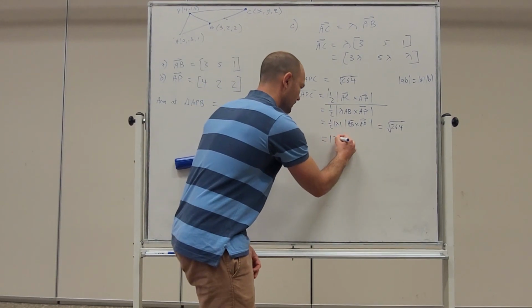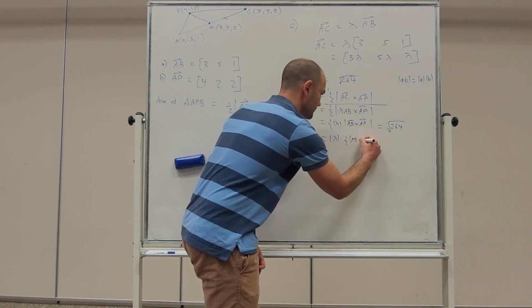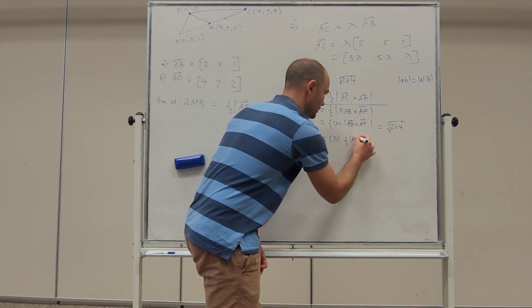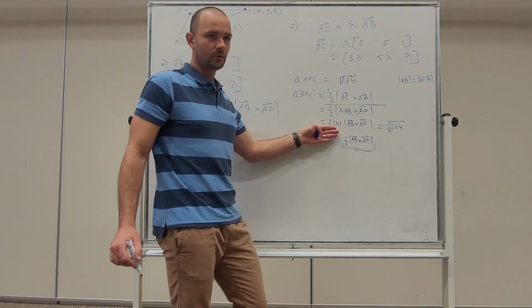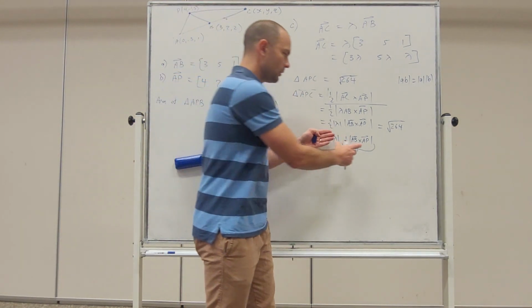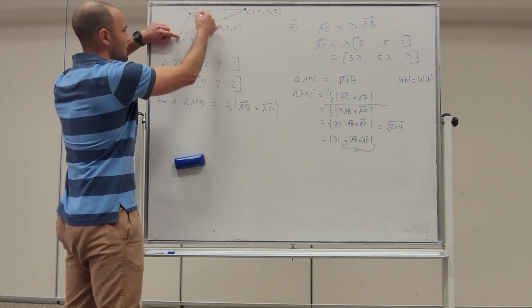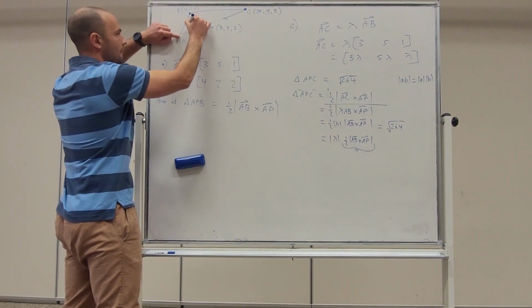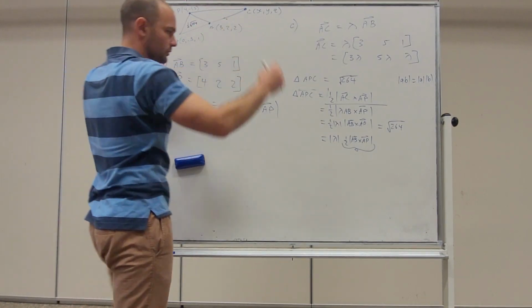We evaluated that component before, in part A. And we know that this component is the area of the initial triangle APB, which is half root 264.